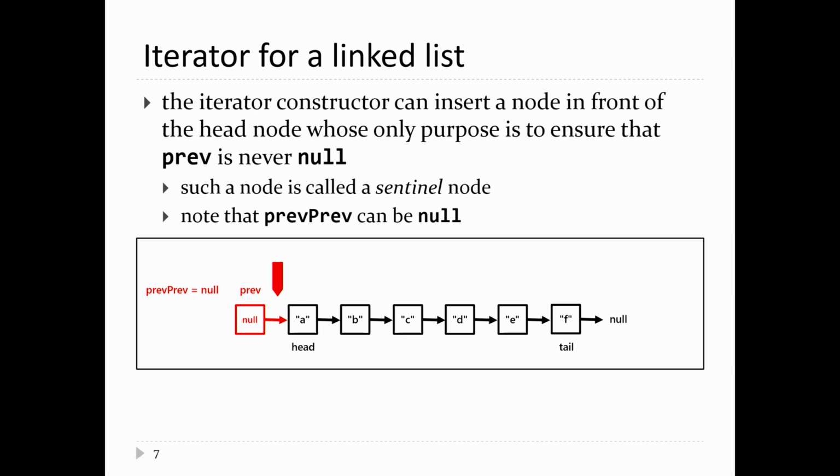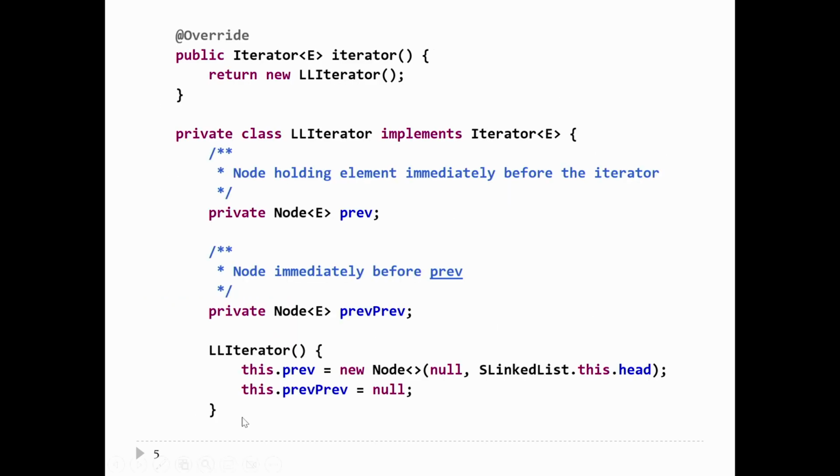Now, previous can still be null, and I don't care so much about that, but I don't want to deal with the special case of previous being null all the time. So if we go back and look at the iterator constructor, it makes a new node, stores no element in the node, but hooks that node up to the current head of the list.